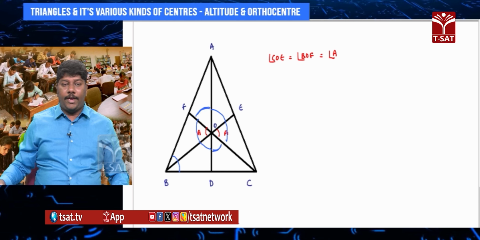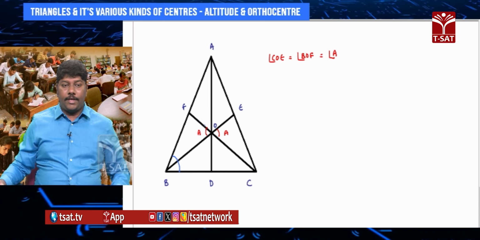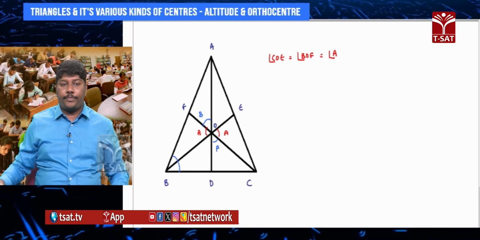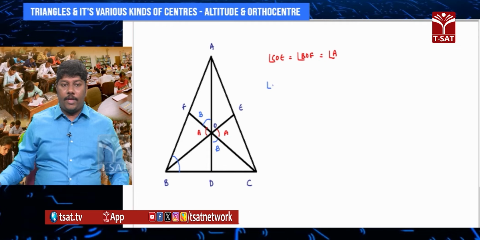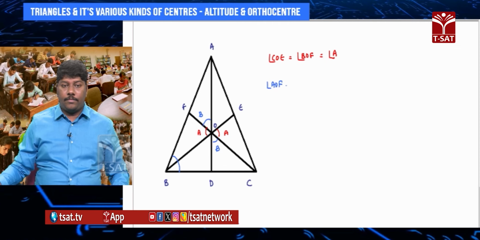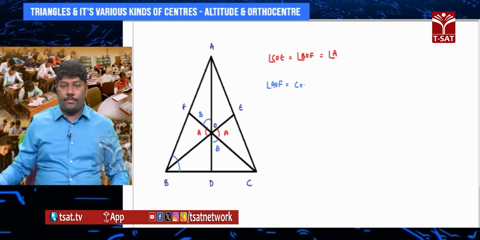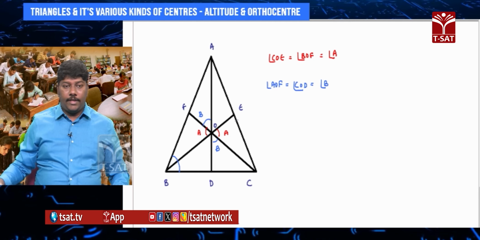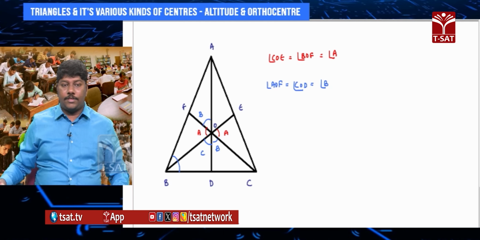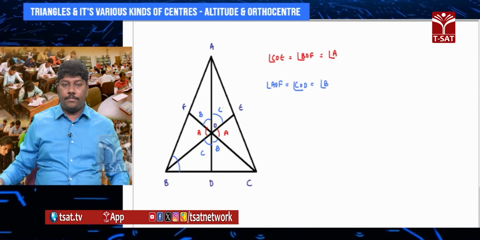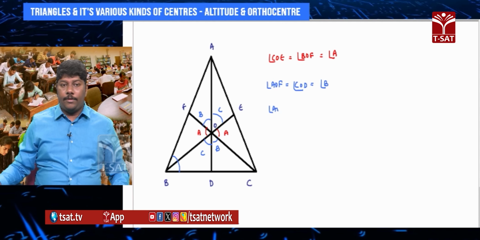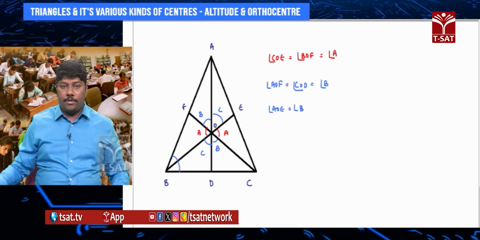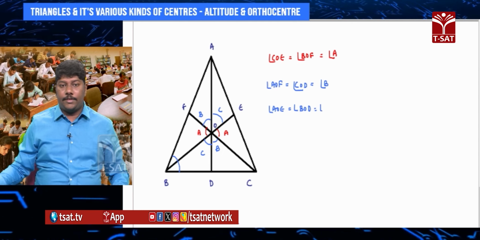So, this is B and B. So, we can say this angle is B, this angle is also B. So, AOF is equal to COD is equal to angle B, and the rest of the angle becomes angle C. This is C, this is also C. Angle AOE is equal to angle BOD is equal to angle C.